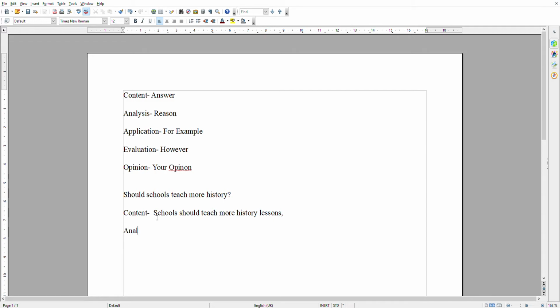So the analysis starts with because, no capital B, because we need to learn about our past in order to know how we got to where we are today.